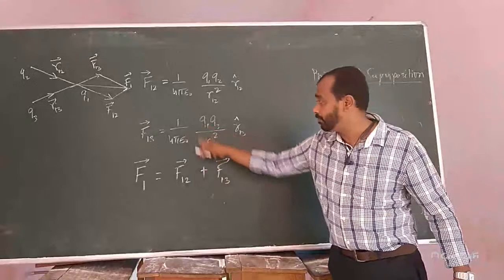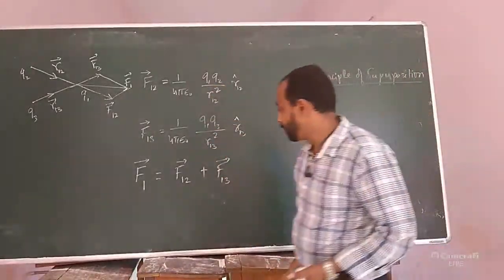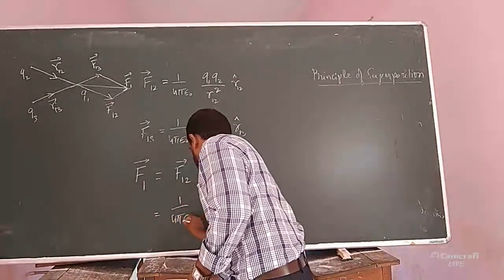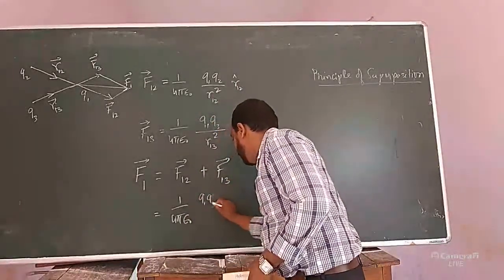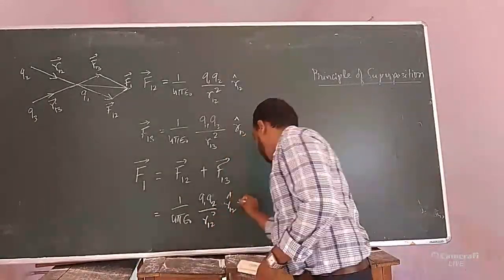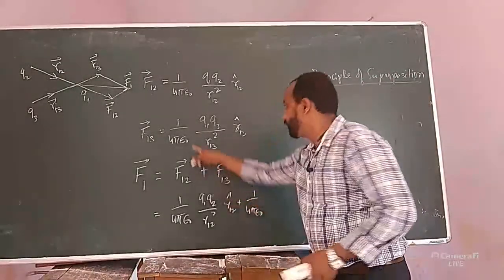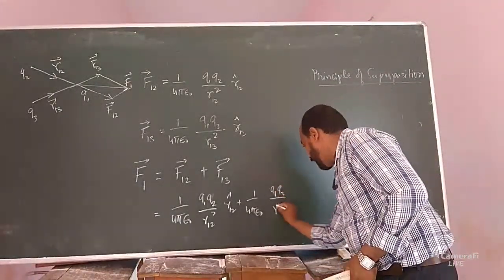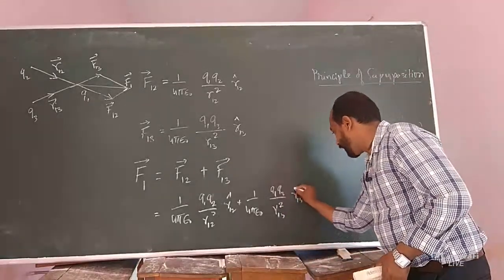So now we can substitute the values for a mathematical representation. It will be equal to 1 divided by 4 pi epsilon naught Q1 Q2, sorry, Q1 Q2 divided by R12 square into R12 cap, plus 1 by 4 pi epsilon naught, second one, Q1 Q3 divided by R13 square into R13 cap.